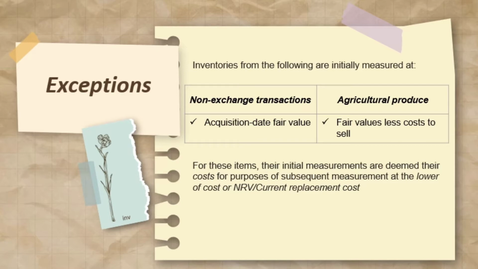So, yung mga inventories from non-exchange transactions, they are initially measured at acquisition date fair value, while yung mga from agricultural produce, they are measured at fair values less costs to sell. So for these items, their initial measurements are deemed their costs for the purposes of subsequent measurement at the lower of cost or NRV or current replacement cost.